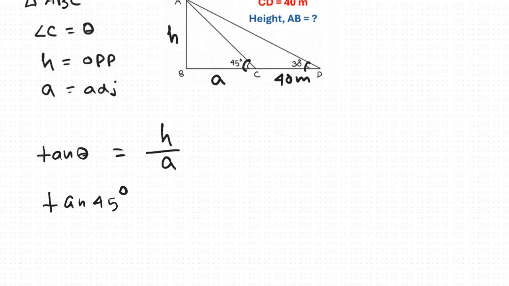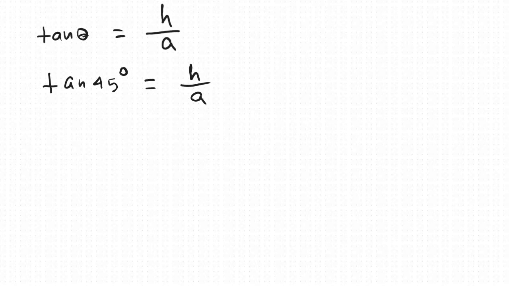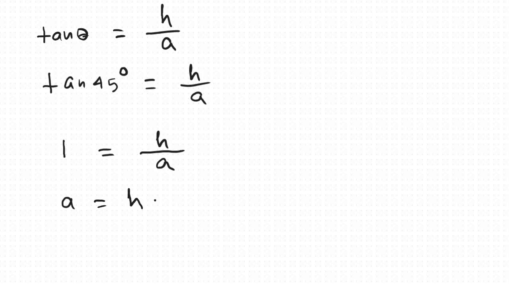We can write tan 45 degrees equals H by A. Then we can put the value of tan 45, which is 1, equals H by A, and from here we can write A equals H. We can give this one as equation number 1. So we got the value of A in terms of H.